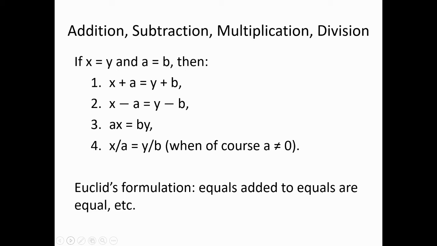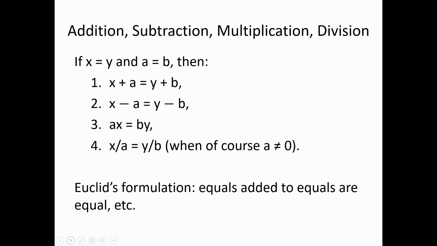All right, so we have properties here. We have postulates, I should say, called addition, subtraction, multiplication, and division. So let us say that we know that quantity x is equal to quantity y, and that quantity a is equal to quantity b. Then it follows that x plus a is equal to y plus b, x minus a is equal to y minus b, a times x is equal to b times y, and x over a is equal to y over b, where of course a is not equal to 0, which would mean that b is not equal to 0 as well, because a and b are equal.